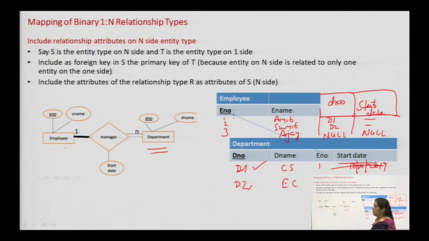So, that is what we say, that we will have this foreign key which is from the one side, and we will have the relationship attribute, if it exists, on the entity type with the n side.